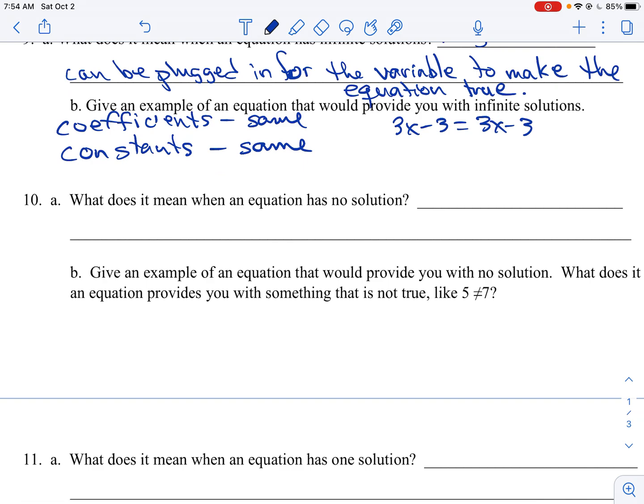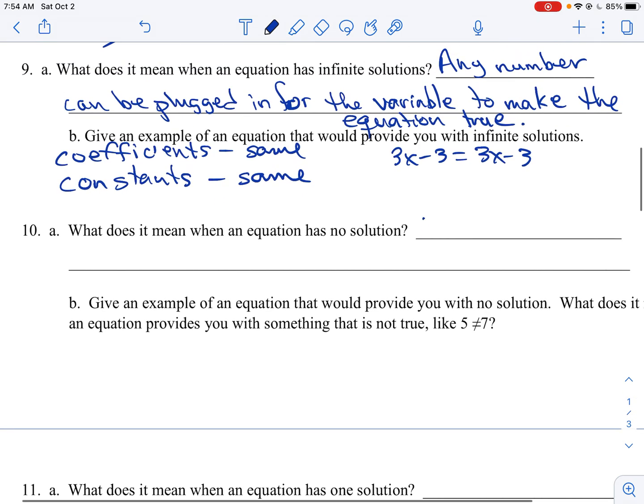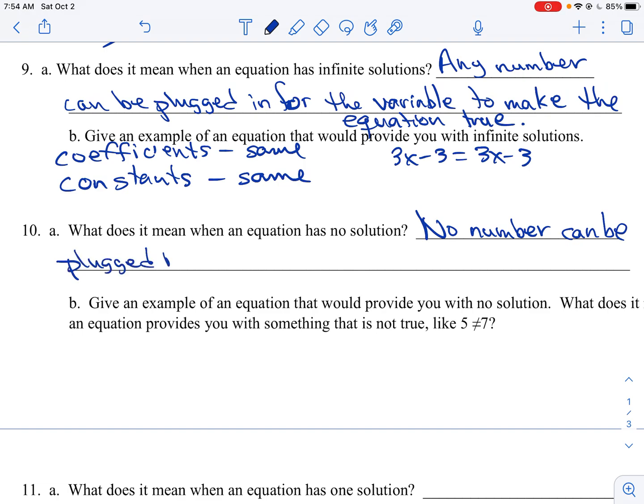Okay, what does it mean to be no solution? It means no number can be plugged in for the variable to make the equation true.